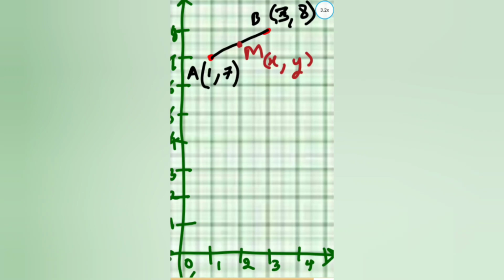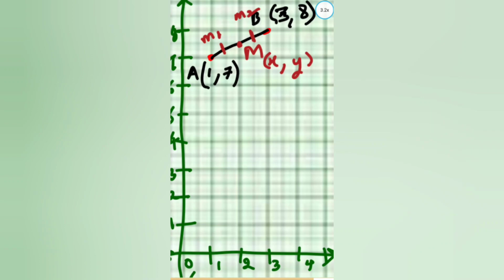What fact is required? It is given to you that AM and MB are equal. That means this part AM, if I call it M1, and MB, if I call it M2, they are equal in distance. In that case, the sum is very simple.